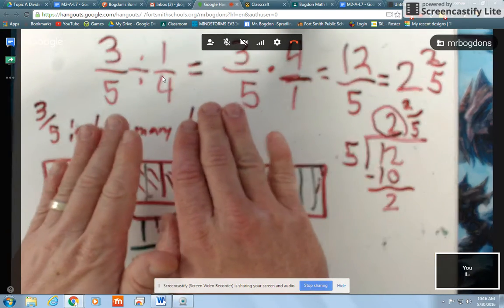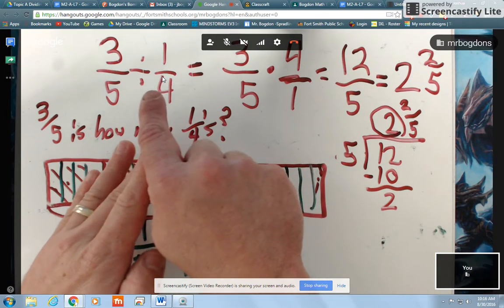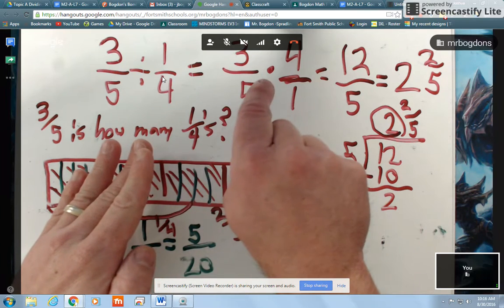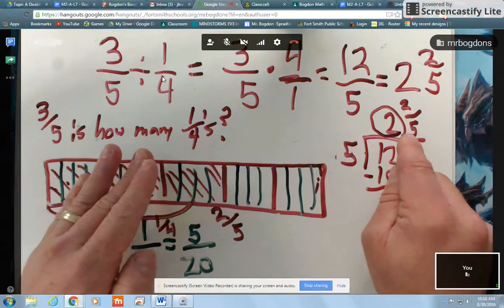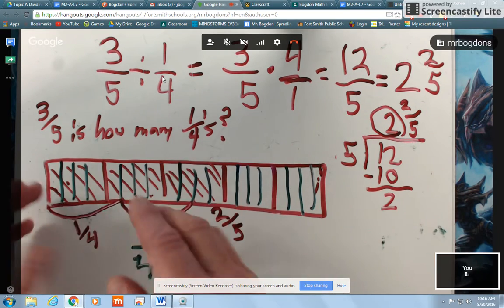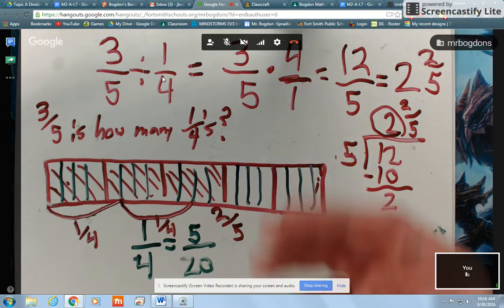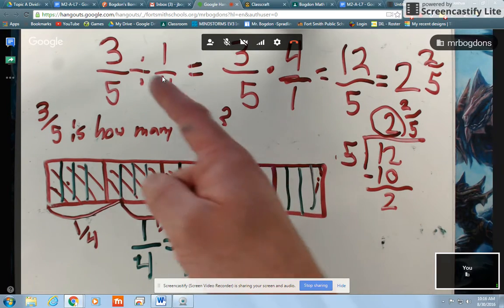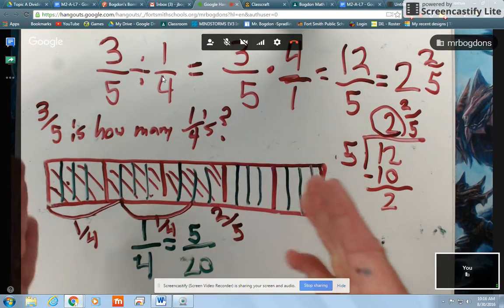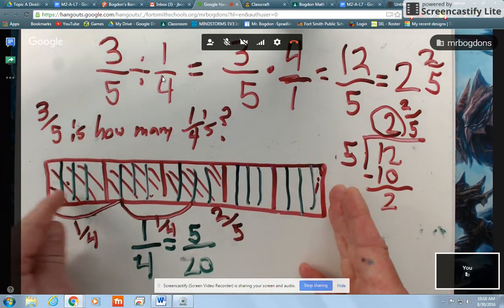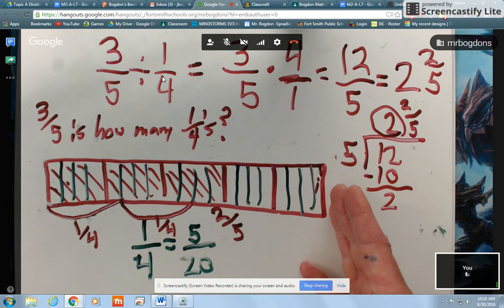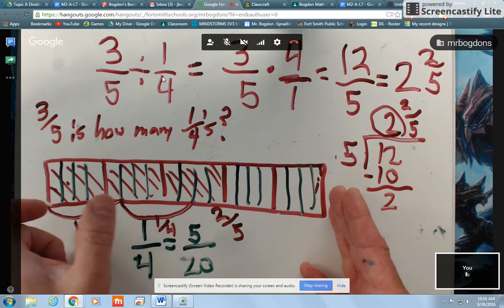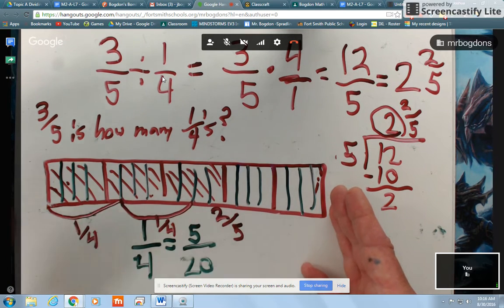Ignore the model. Did we keep, change, flip? Yeah. Did we write an equivalent multiplication problem? Yes. Did we simplify? Yes. And we found simplest terms. Okay, now we drew our model. If I'm trying to find out how many 1/4ths are in 3 fifths, first I have to draw 3 fifths. 1, 2, 3 out of 5, 3 fifths. How many fourths are in there? Before I can find out how many fourths, I have to find a common denominator.